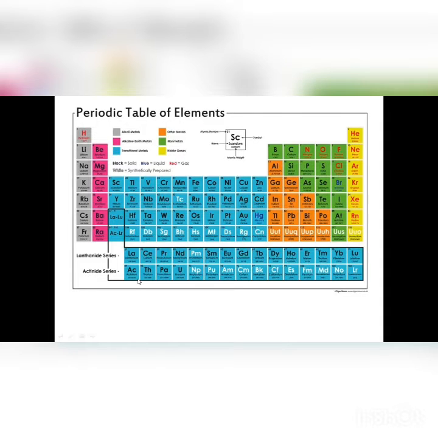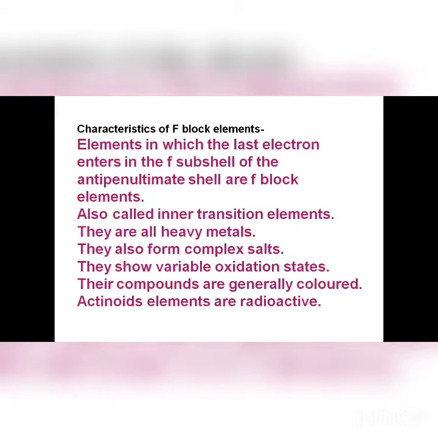So here, if we look at the general characteristics of all these elements, it is seen that these are the elements in which the last electron enters the 4f or 5f subshell, the antepenultimate shell. These are F block elements.